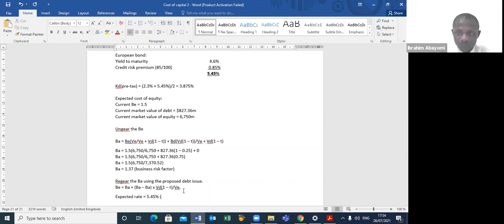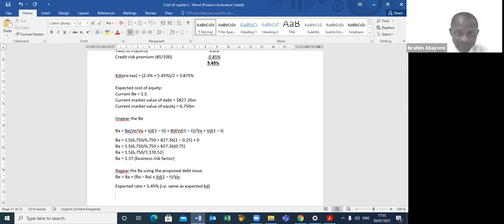That is the same as expected KD, expected cost of debt. And I've told you the reason. Because it is not given. You only have a cost of debt. Interest rate is not given. We're going to assume that the interest rate is the same thing as the cost of debt. That is what I'm going to assume.